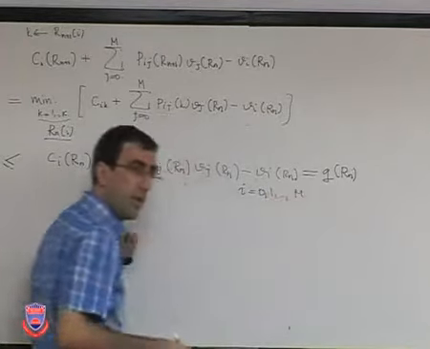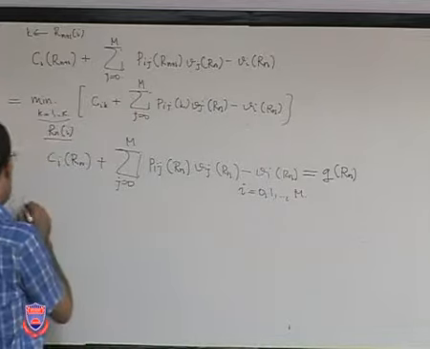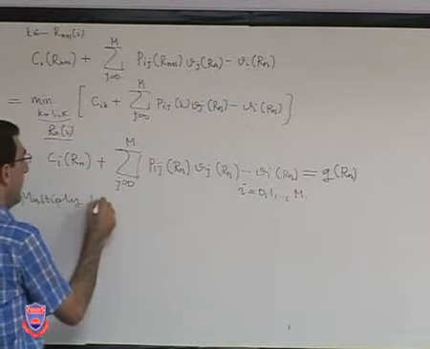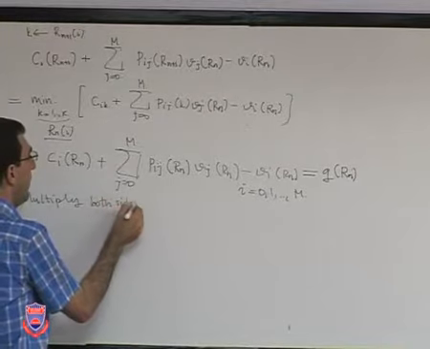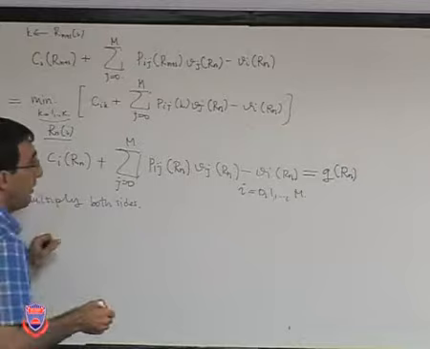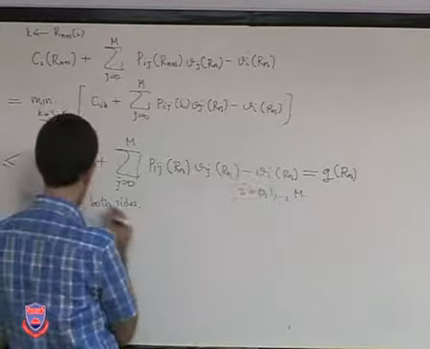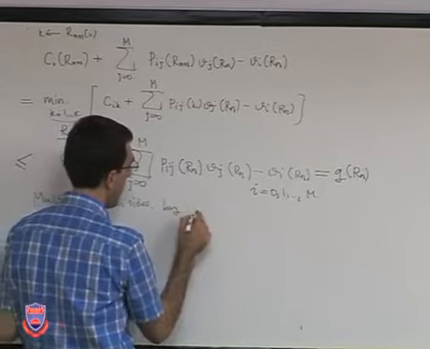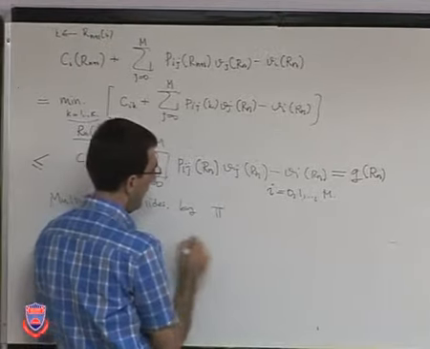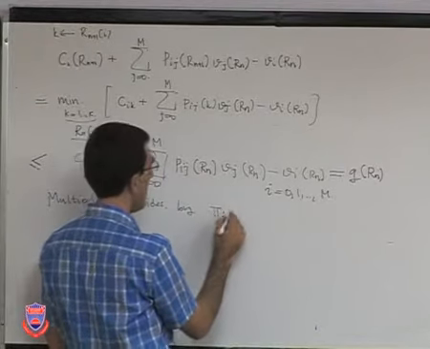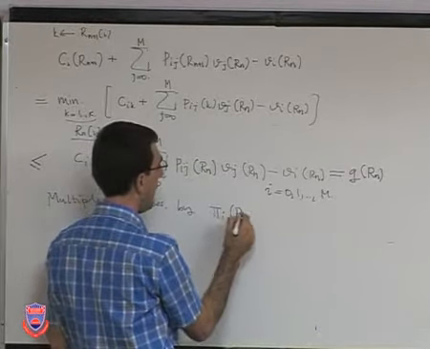Now take this inequality and multiply both sides, the left side and the far right side, by the stationary probability of being in state I under policy Rn plus 1.